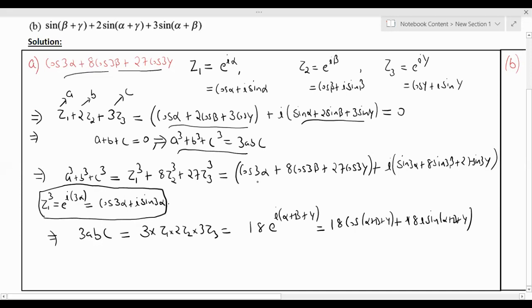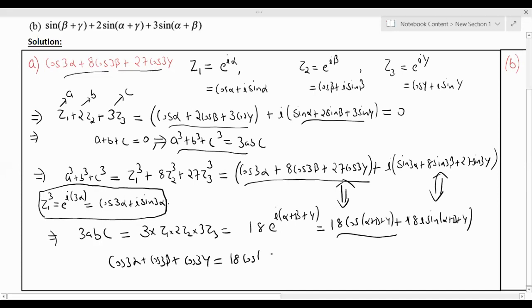If you compare, these two terms should be equal and these two terms should be equal. He has asked only for the real parts. So we can compare these two and write cos 3 alpha plus cos 3 beta plus cos 3 gamma, and this should give me the value 18 times cos of alpha plus beta plus gamma.